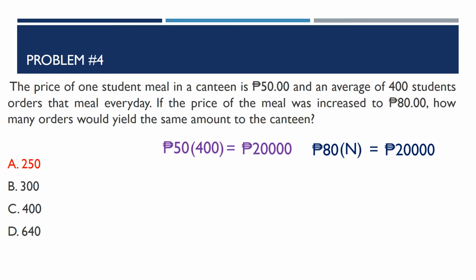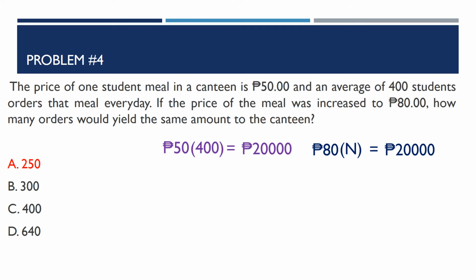So this is just basically algebra. If you know algebra, it's going to be easy for you. In algebra, we want to isolate the missing variable. Here it's n on one side. So we want to leave the n. If you say isolate, we want the n to be alone on one side.